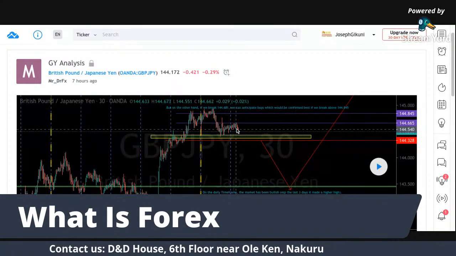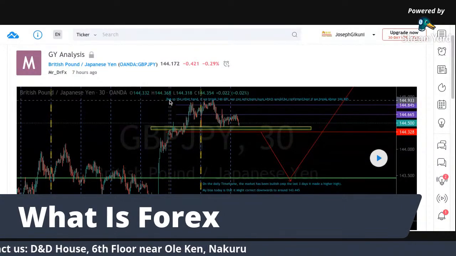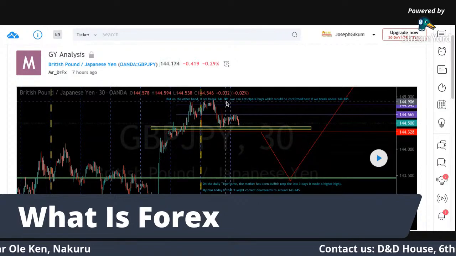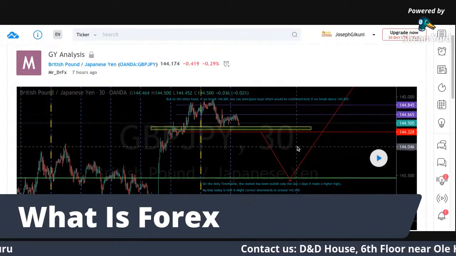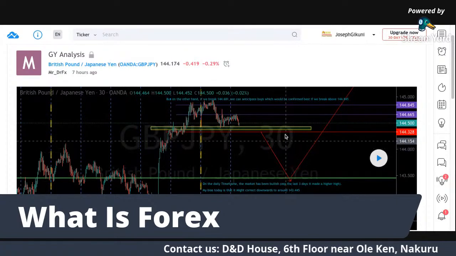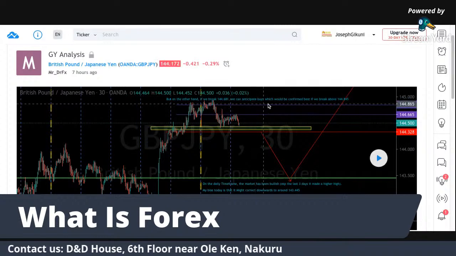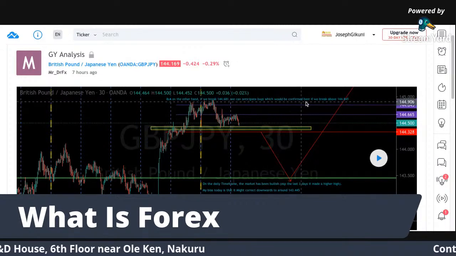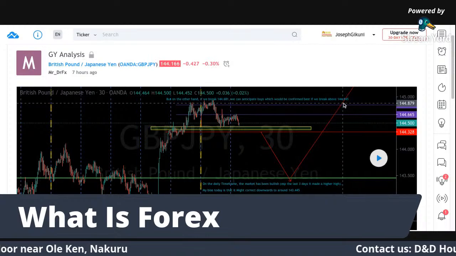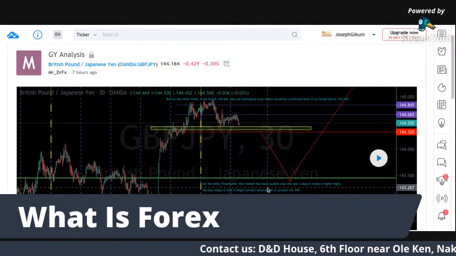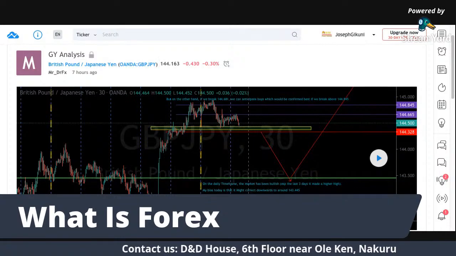So this was the analysis. But on the other hand, if we break 144.6, where is 144? 144.6 is around there. We can anticipate buys which would be confirmed best if we break back 144.8. That's correct. On the daily time frame, the market has been bullish.